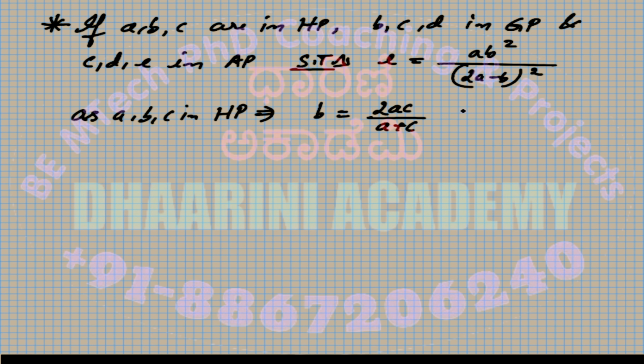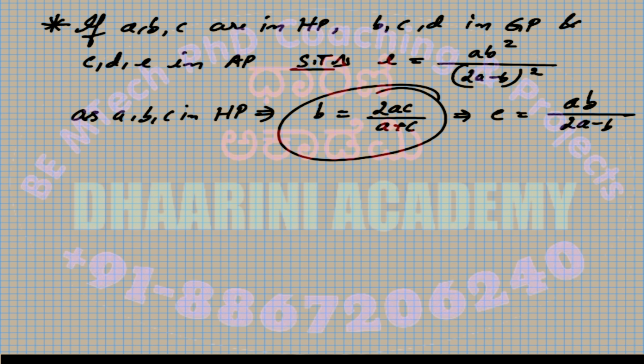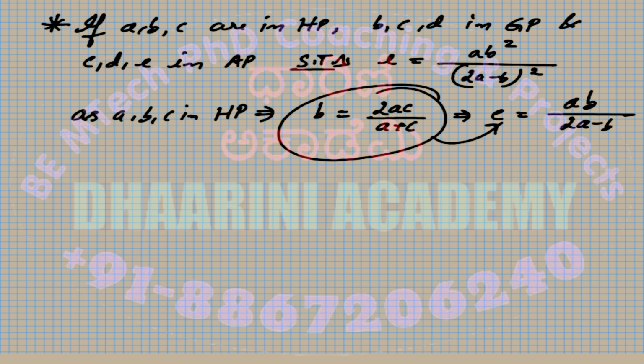Or I can rewrite this as C, if I want to write C, I can calculate C from this, and C comes to be AB divided by 2A minus B. You can solve this equation to get the C like that.